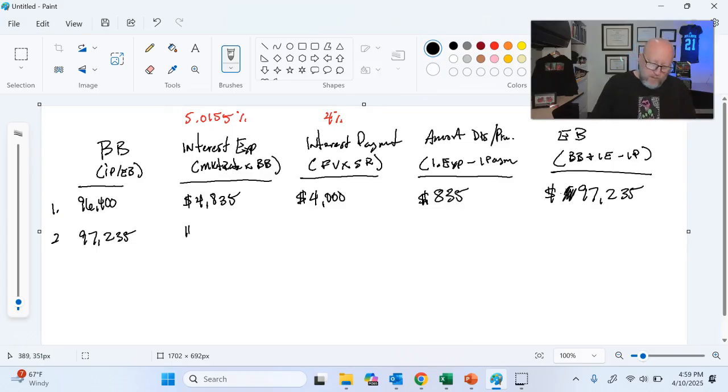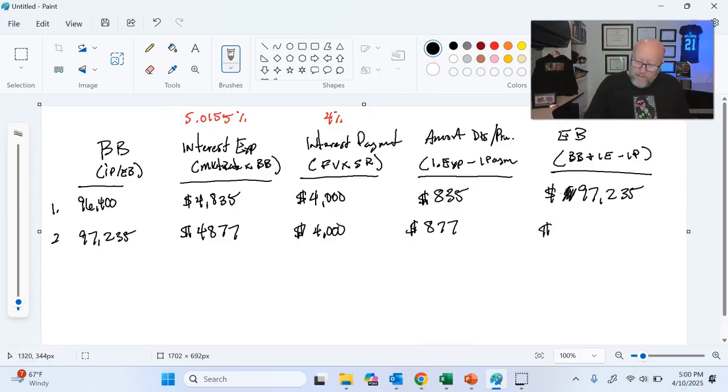And I'm coming up with 4,877. This is never going to change. It's always going to be 4,000. And then the difference between my amortization on my discount, the difference between my interest expense and interest payment is going to be 877.